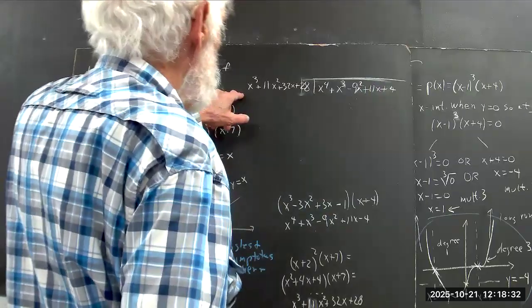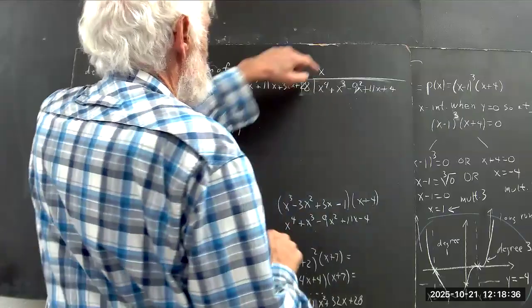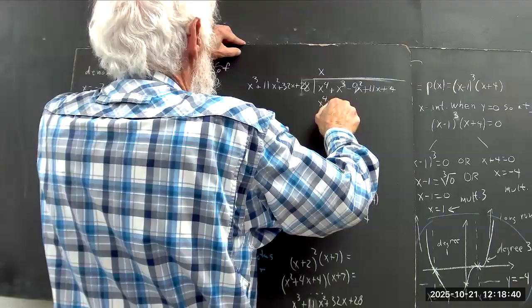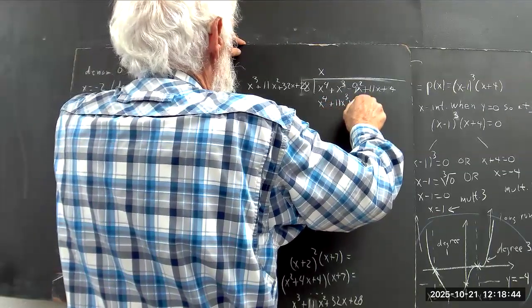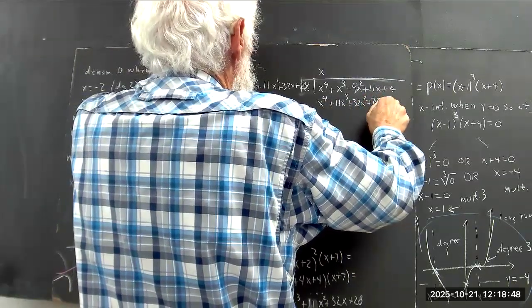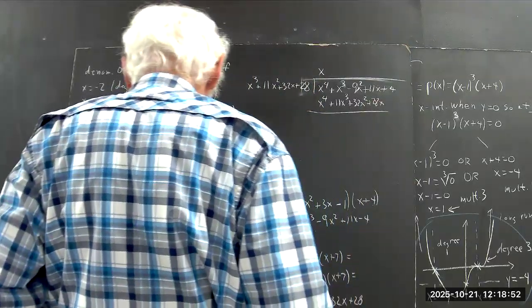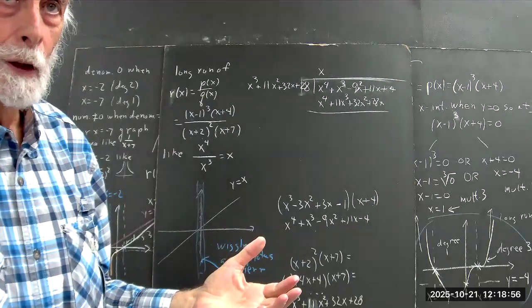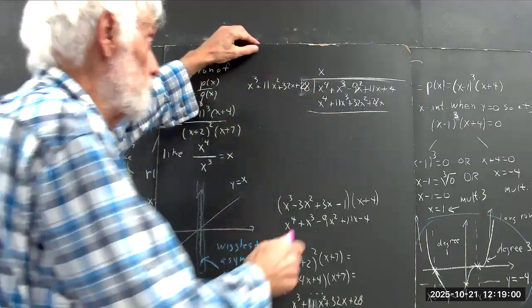How do we divide this? X cubed goes into x to the 4th, x times. Multiply x by all this, we're going to get x to the 4th plus 11x cubed plus 32x squared plus 28x. We've got to subtract this from this. That's just like what you do with any long division. Okay? It's just a little bit longer, but it turns out to be a shorter calculation.